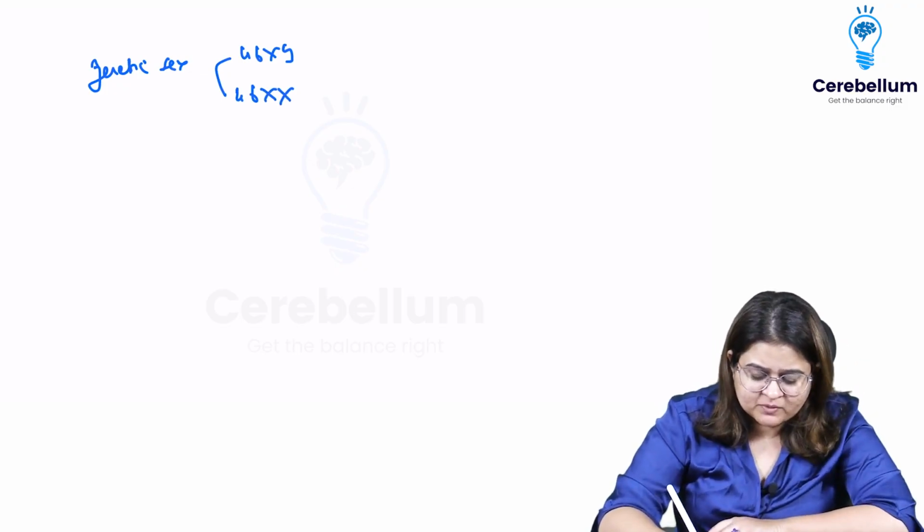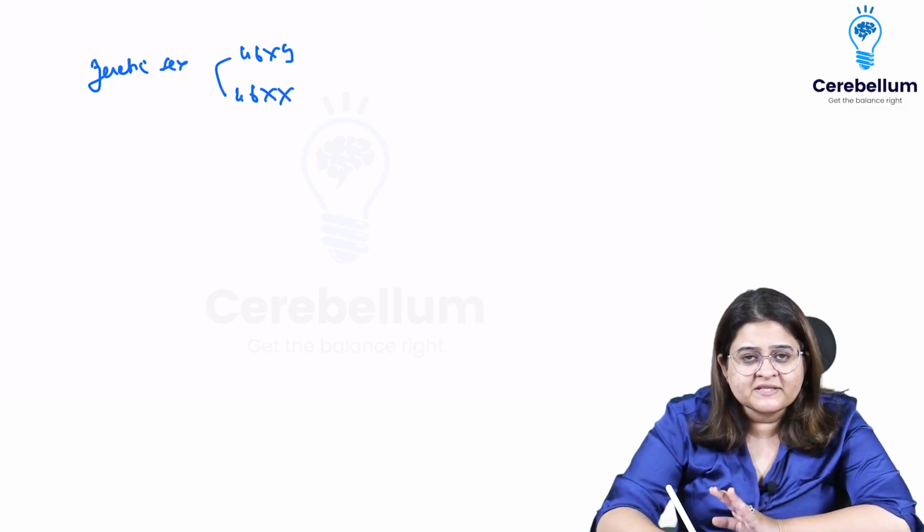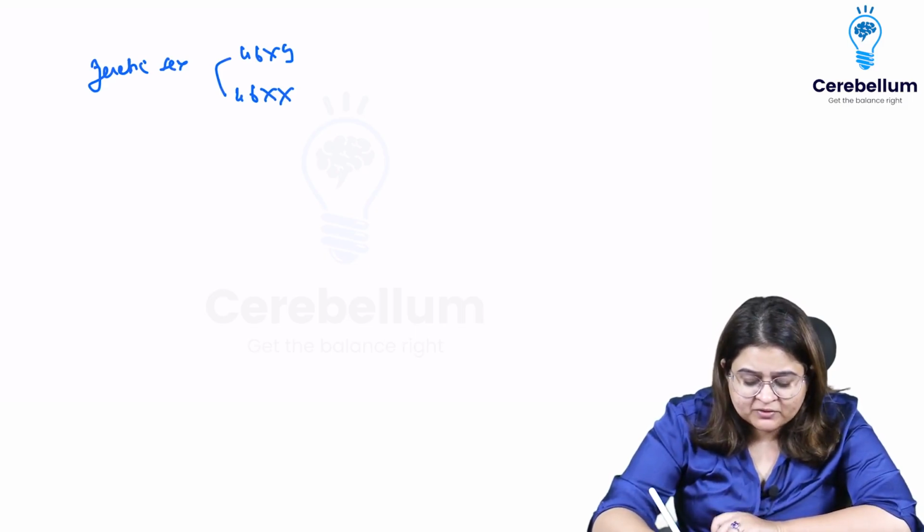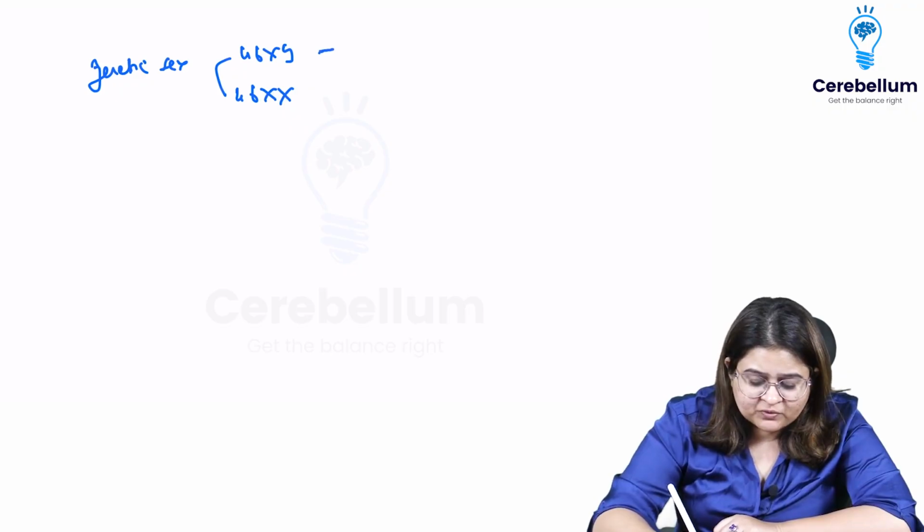That could be 46XY, or it could be 46XX. 46XY is the male karyotype, 46XX is the female karyotype. This is the genetic sex, and this is going to determine what the gonadal sex will be.